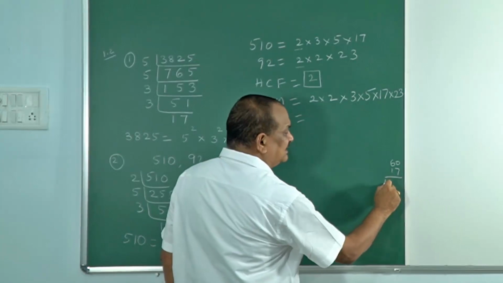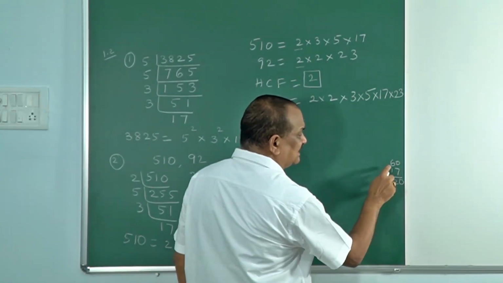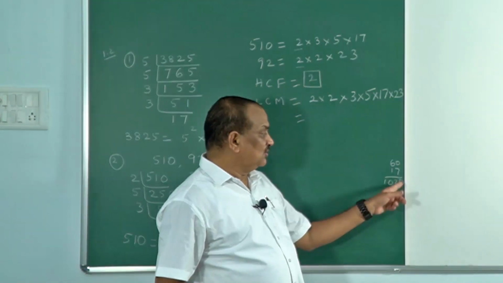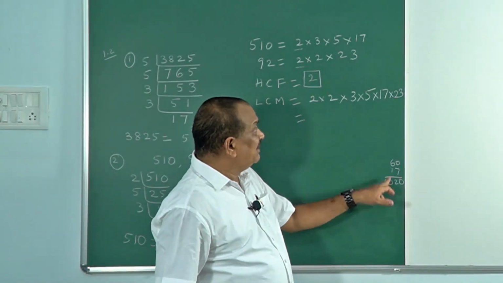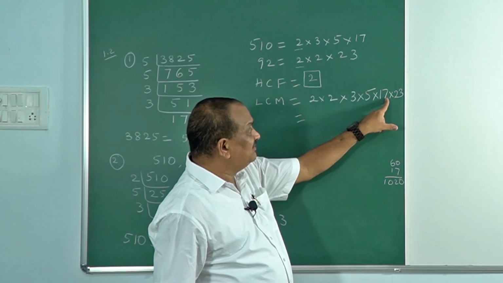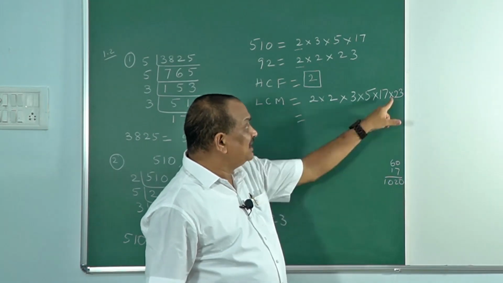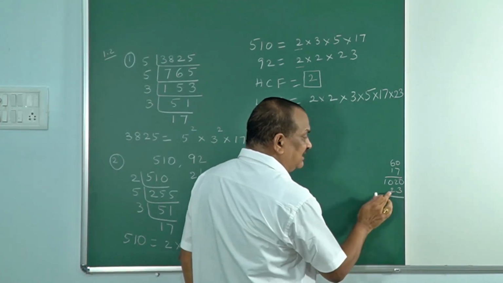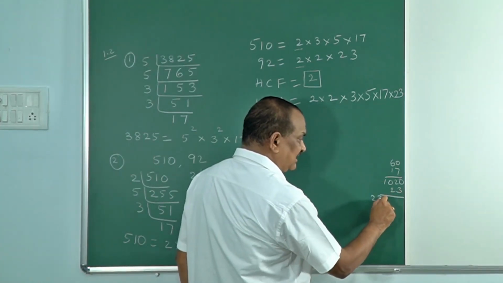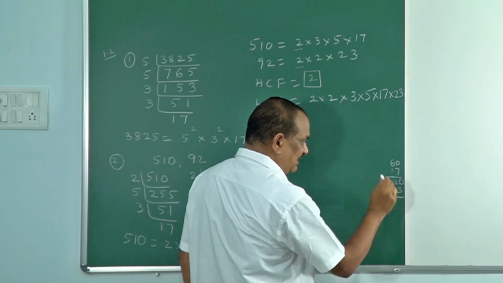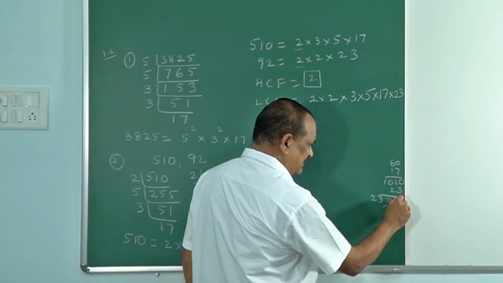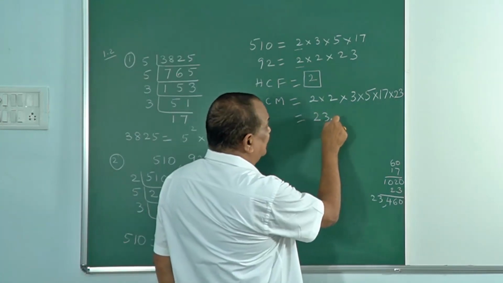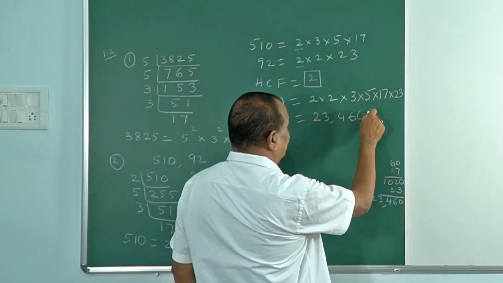This is 1020, because 60 times 17 is 1020, and this should be multiplied by 23. 23 into 1000 is 23,000. 23 times 20 is of course 460. So this is going to be our LCM.